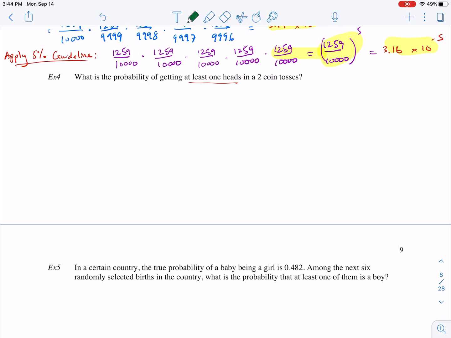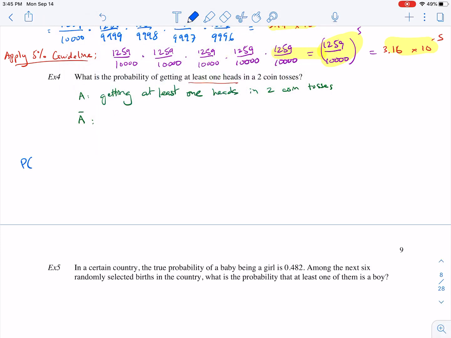So let's go ahead and define A to be the event of getting at least one head in 2 coin tosses. I'm going to leave this A bar for now, and then we're going to come back to that. So what does it mean to get at least one heads in 2 coin tosses?